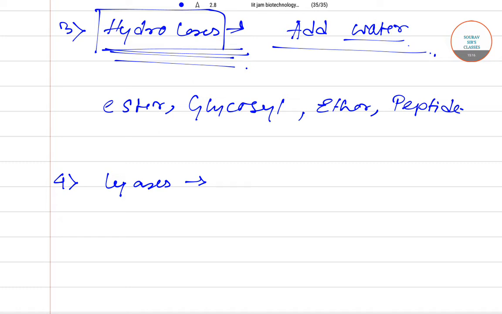Now the fourth class of the enzyme is lyase. This enzyme catalyzes reactions in which groups are removed from the substrate.